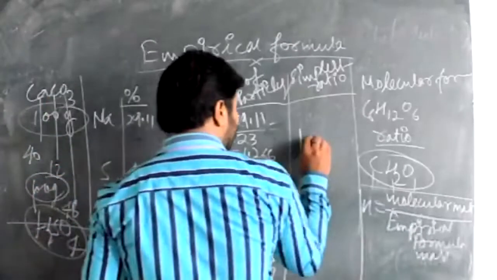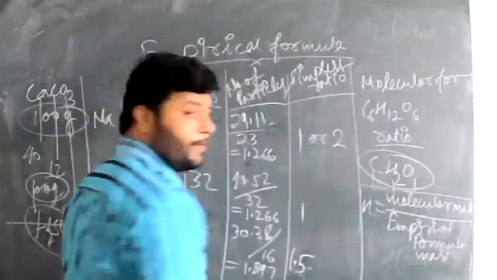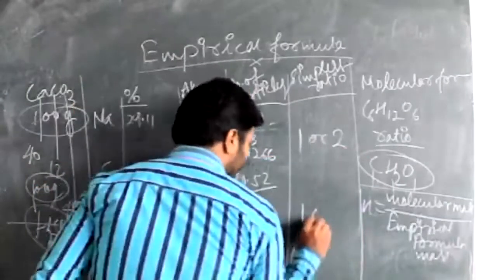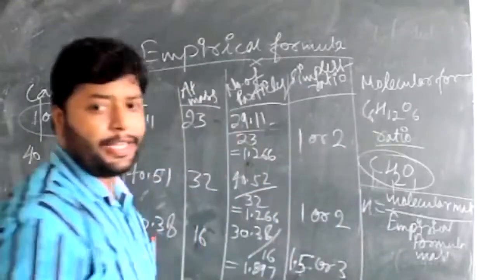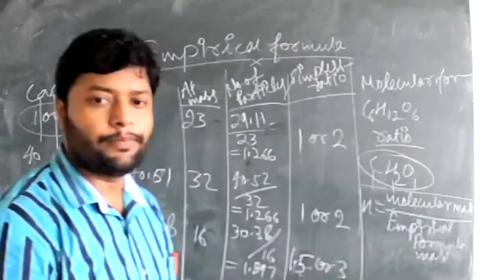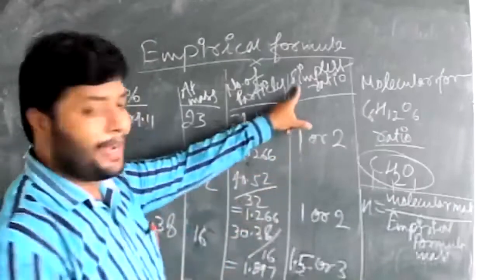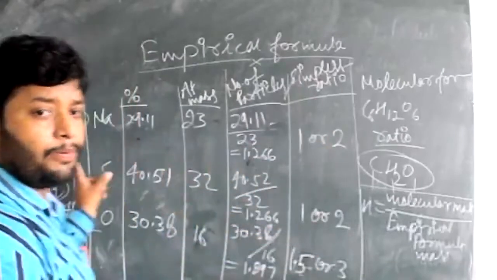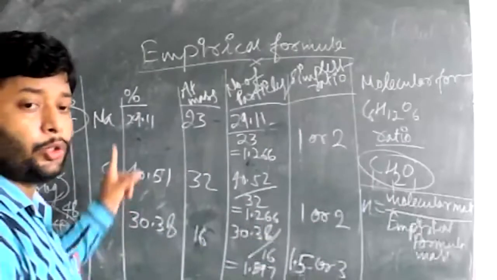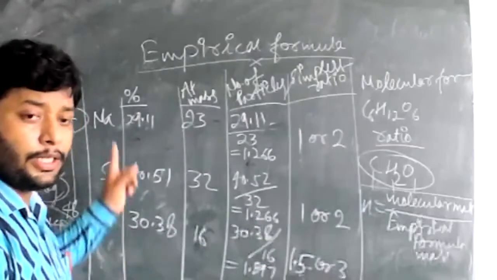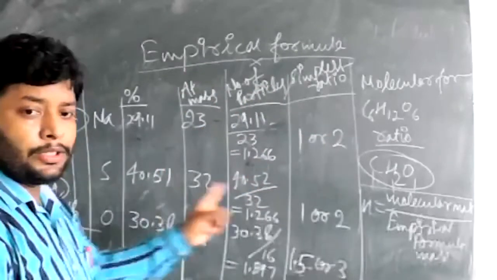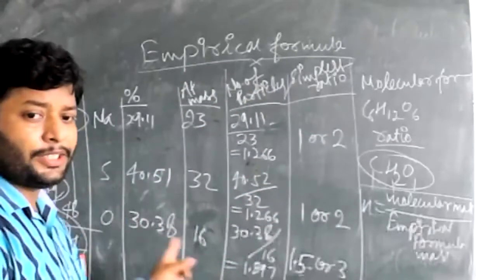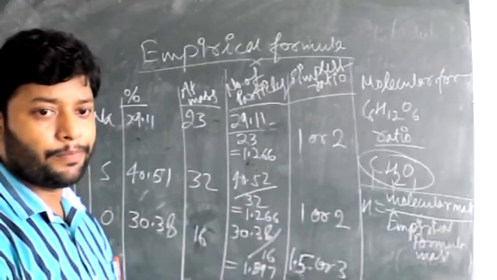So just multiply by 2. We can write 2, 2 and 3. These are called the simplest whole number ratio of sodium, sulfur and oxygen. The simplest ratio of sodium is 2 in this formula, sulfur 2, and oxygen 3.